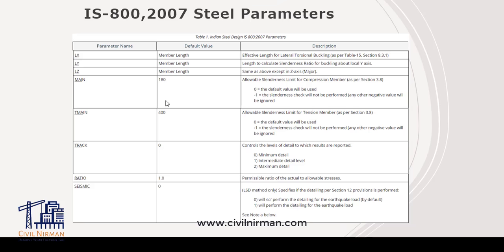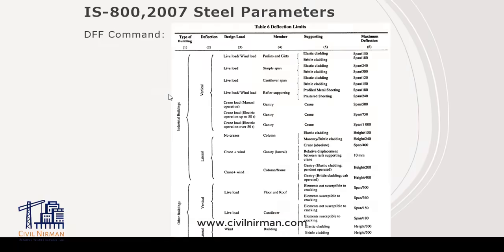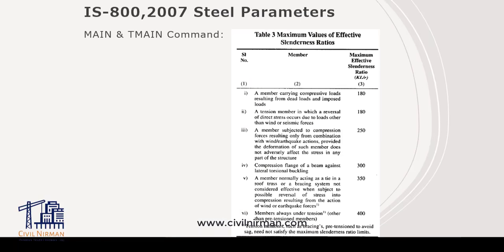Now what is the slenderness limit for our members? As per the IS code, Table 3 defines various slenderness limits for particular members. So 180 is the minimum value that you can see. That is for a compressive member resulting from dead load and imposed load.